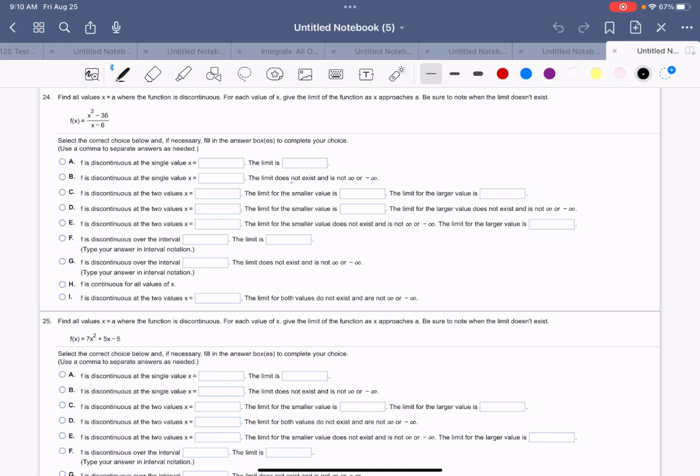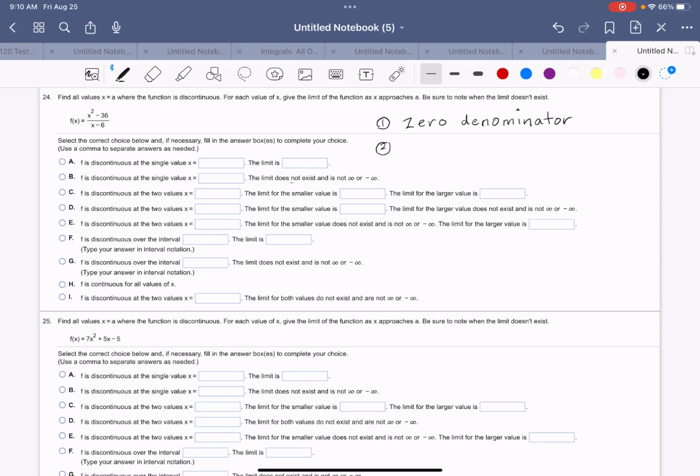Before we begin looking at these next few problems, let's talk a little bit about discontinuity and where it occurs. If you have a zero denominator, that's undefined. So any value that makes a zero denominator will result in a discontinuity in your graph, in the function.